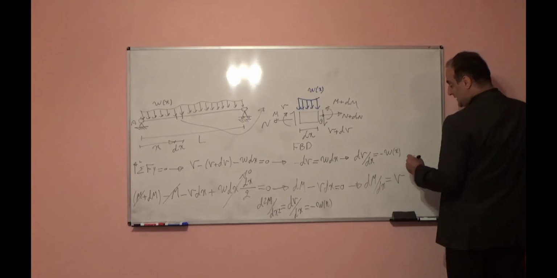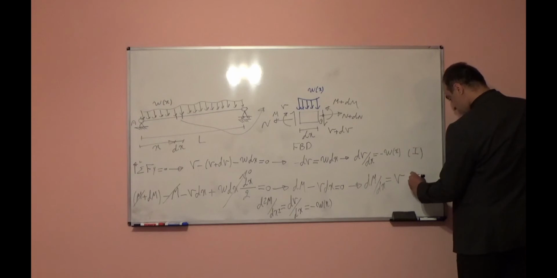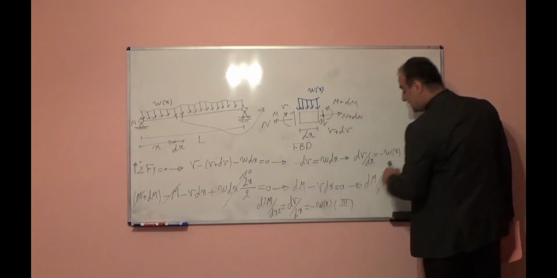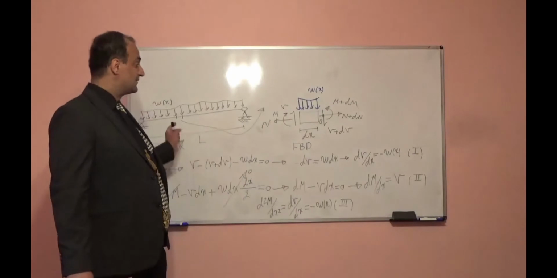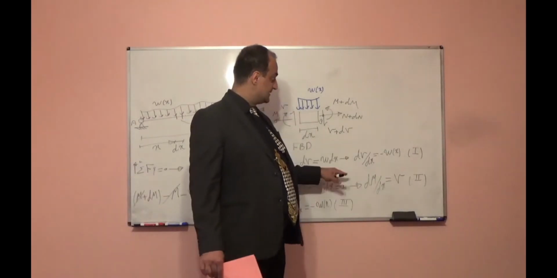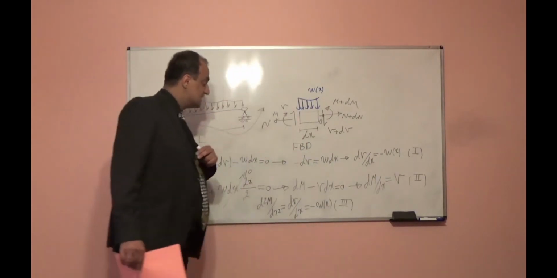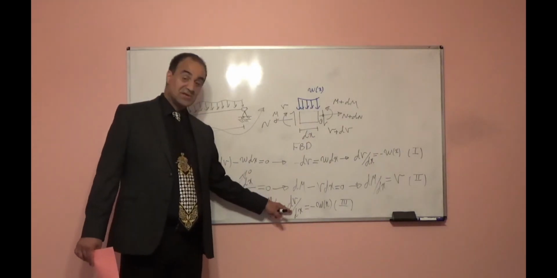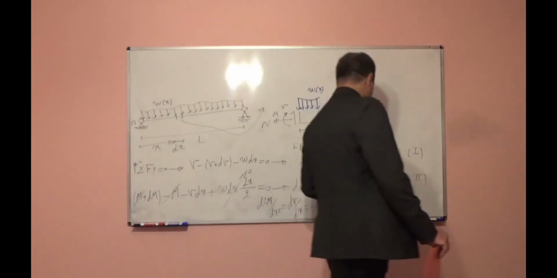So from here we have results 1, 2, 3. These results are very important, you should remember them. The derivative of shear with respect to x is equal to the distributed load intensity. The derivative of moment with respect to x is equal to the shear force. And the second derivative of m with respect to x is equal to the derivative of shear with respect to x, which is equal to the intensity of the load.